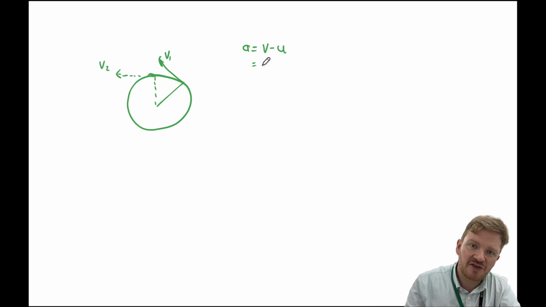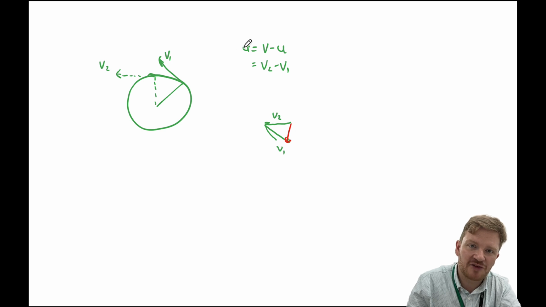So in this case, that will be v2 take away v1. So if I was then to draw that as a vector triangle, I would have v2 like that, and then I would want to take away v1 from it like that. And what I'm left with is a resultant vector that goes from v2 to v1 like that.